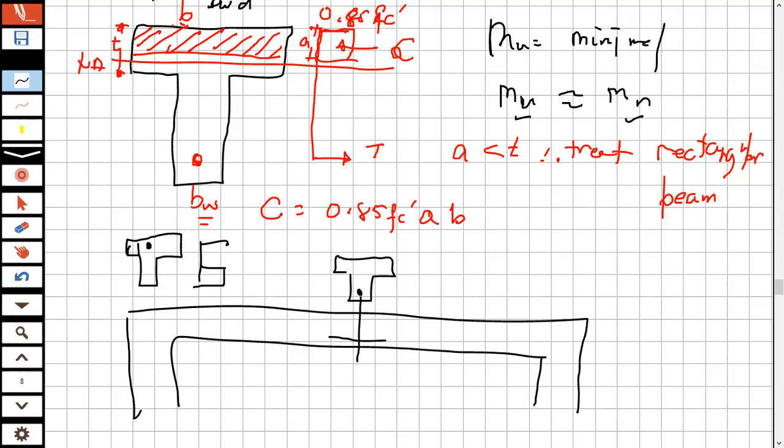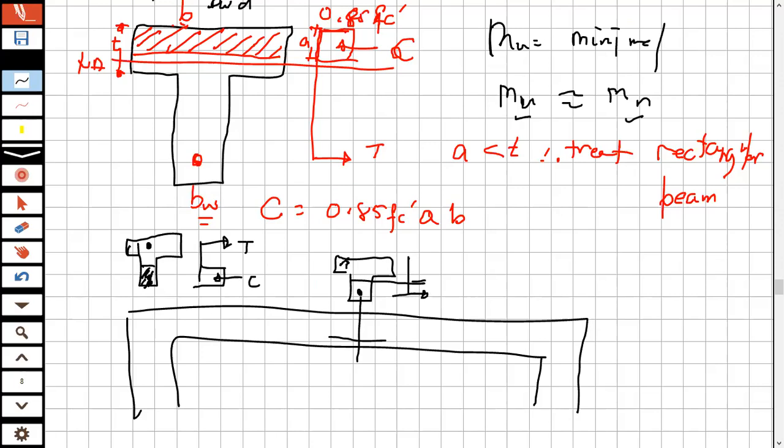Okay? If the reinforcement is here, what will happen to the internal force? Okay? This one is our T. And then this will be our compression force. Compressive block is here. So, walang mangyayari, kasi andito lang. So, ganun pa rin. Rectangular beam pa rin ang orientation niya. Unlike here, pagka nandito yung compressive block, you're going to treat this one as T-beams.